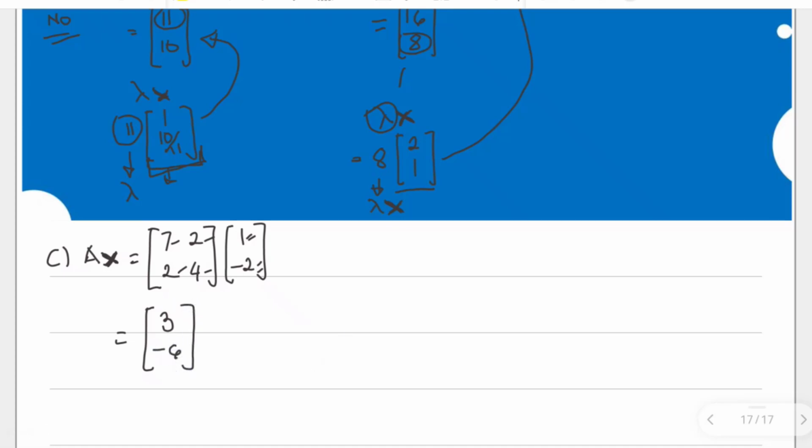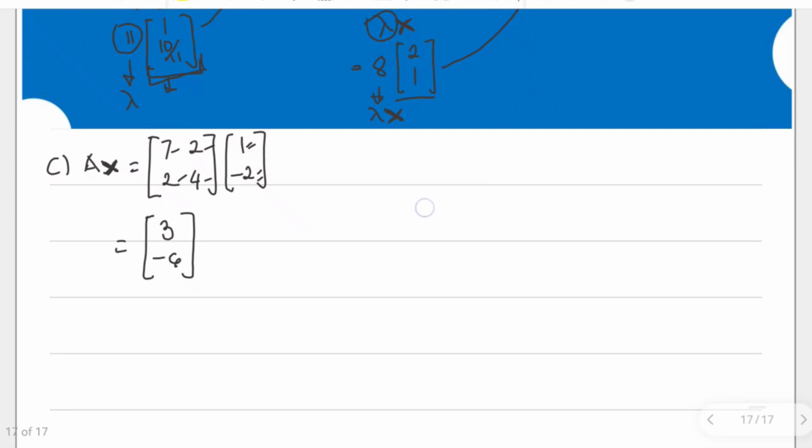Okay? Now look at our vector used. We have 1 for the first entry. So for this, let us try to factor out the scalar 3. And what happens to our matrix? We'll have 1 and negative 2. This is the certain lambda that we're able to remove with our matrix.